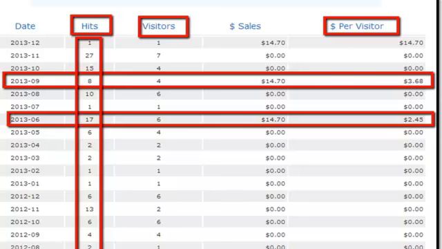In fact, stop and think about this. If I know that 6 visitors and 17 hits turned into $14.70, what that's telling me, ladies and gentlemen, is if I can get that, whatever this sales conversion metric is, in this case it's a sales page, it's the AWeber sales page, in front of the right targeted people on or offline, I'm going to make some money.